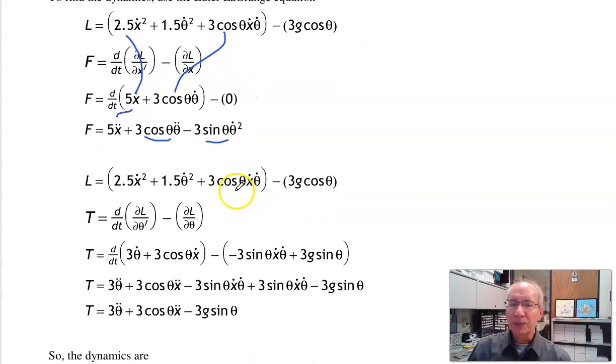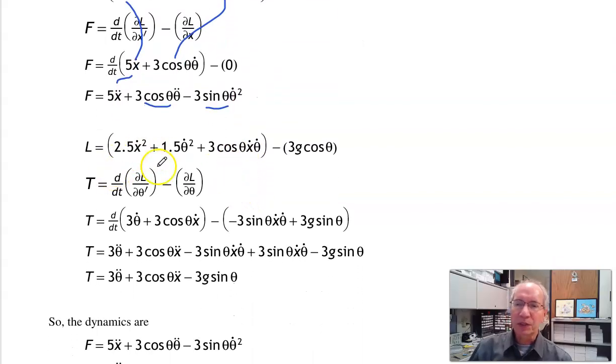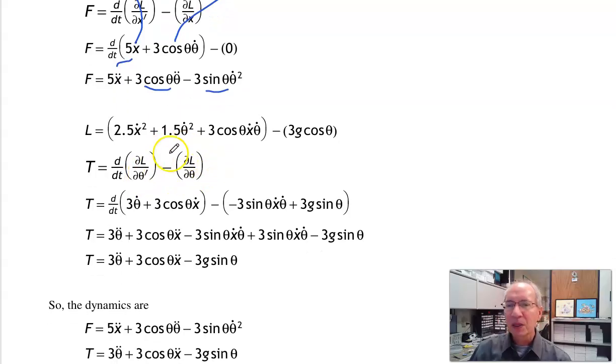For the torque on the beam, the torque is the full derivative of the partial with respect to theta dot minus the partial with respect to theta. Partial with respect to theta dot, nothing, 3 theta dot, 3 cosine theta x dot. Partial with respect to theta is nothing, nothing, minus 3 sine theta x dot theta dot.